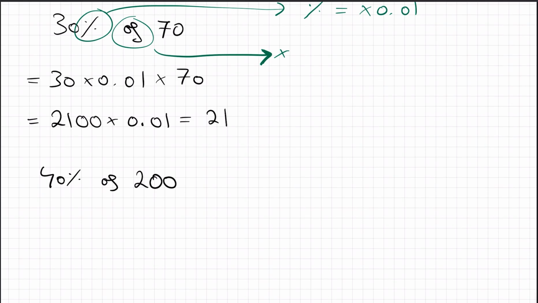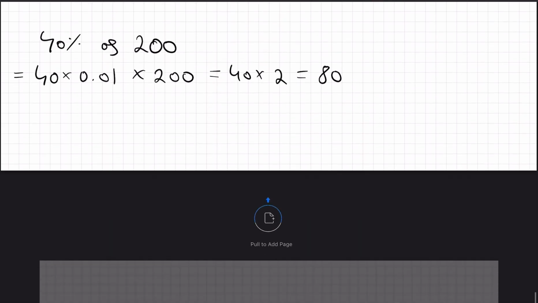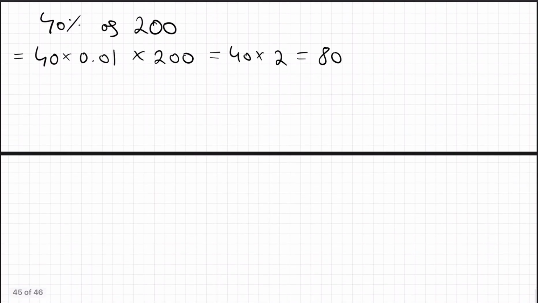Let's replace percentage with times 0.01, of with multiply, like so. And now we can times these two first, so we get 40 times 2, and then we can just do that as 80.